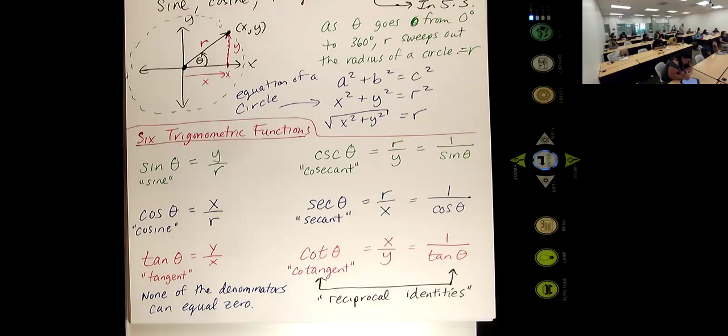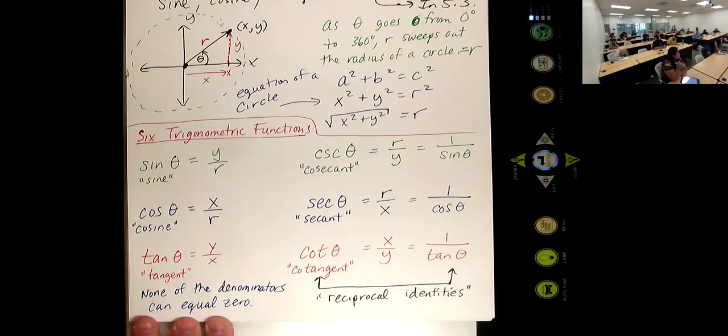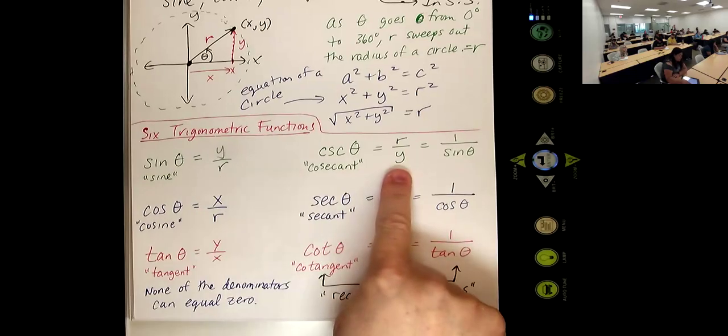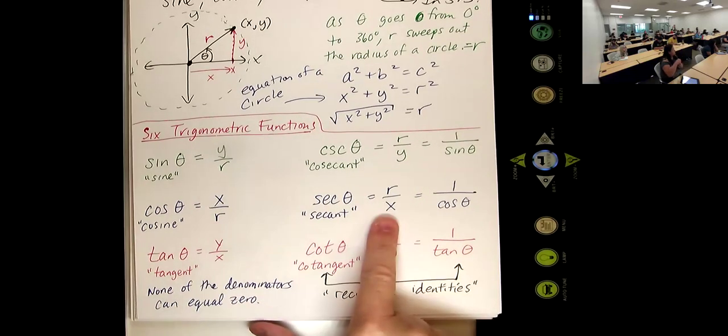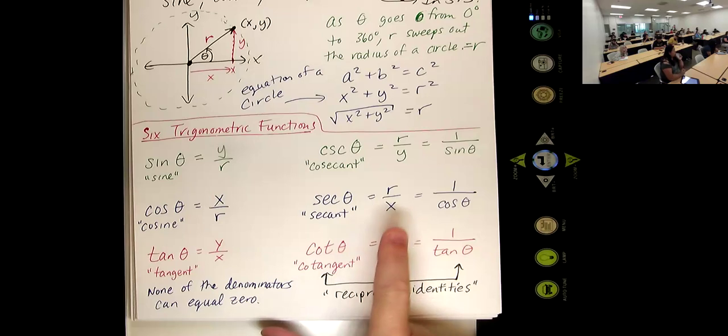It's gonna have to equal infinity, which is not a number. So of these 6, the 3 important ones are the 3 on the left, because you can always flip them over to get the other 3. This one is just that one flipped over. This one is just that one flipped over. And that one is just that one flipped over.